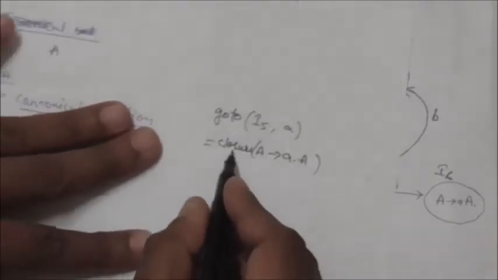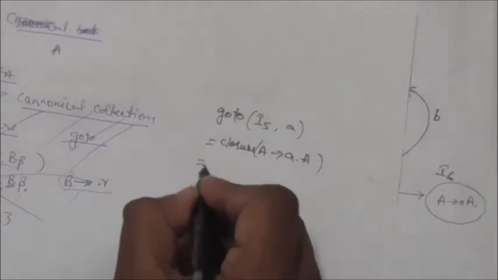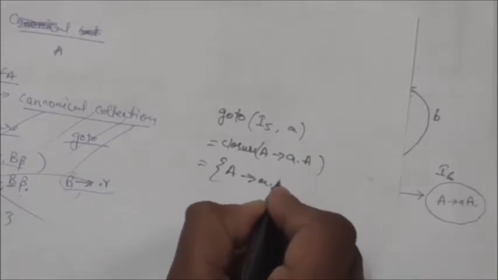Closure of A derives A dot A. First it will contain this item itself, A derives A dot A.